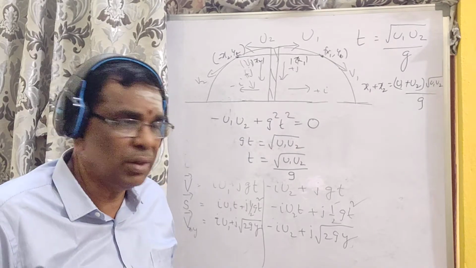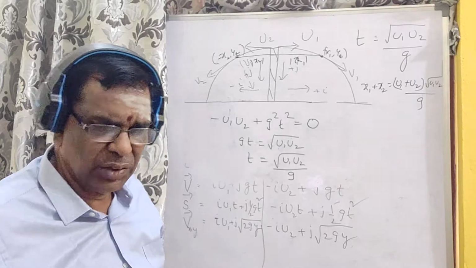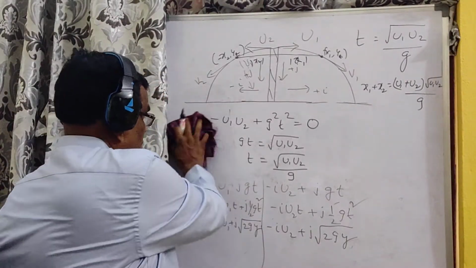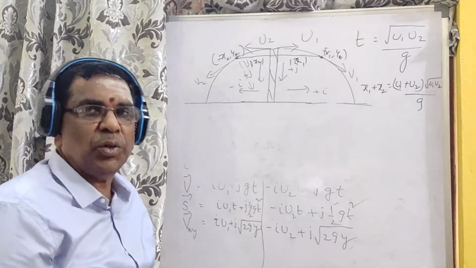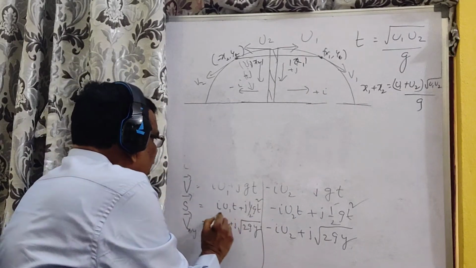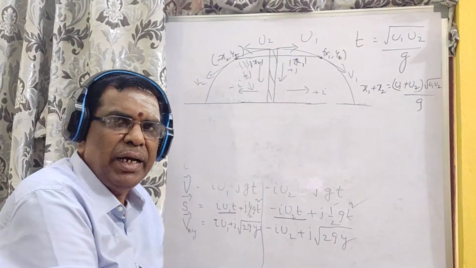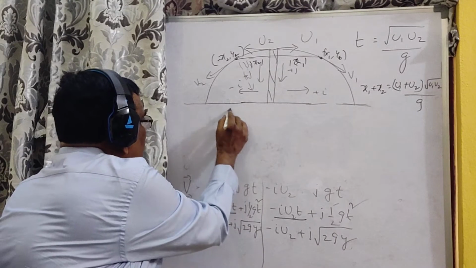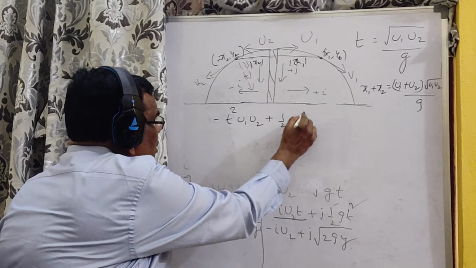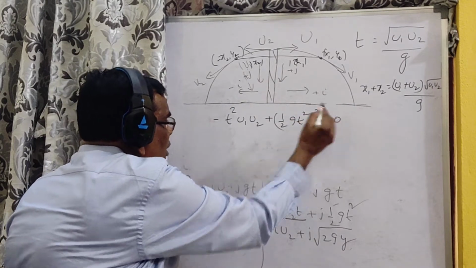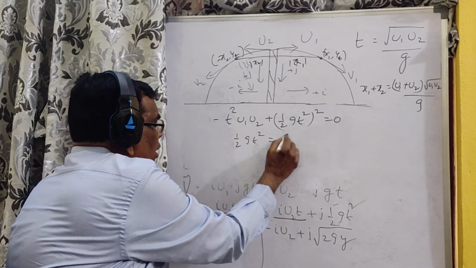Okay, now the same thing I can work out for s1 and s2. So if it is s1, s2, what do you do? S1 dot S2 must be 0. So what do you get? Look at that. U1t into minus U2t, plus half gt square whole square is equal to 0.